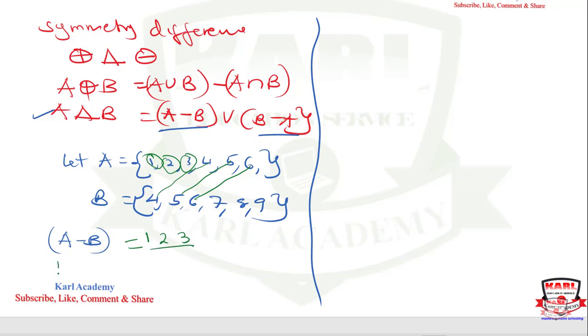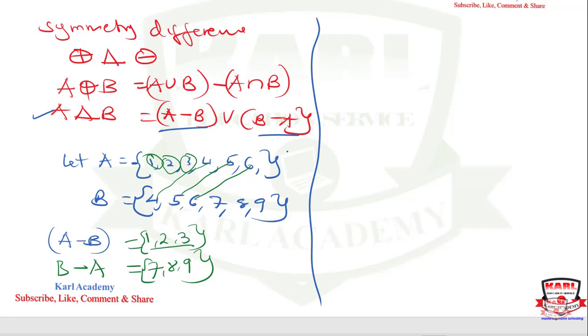Then let's look at the elements that are in B but not in A. 4 is in A, 5 is in A, 6 is in A, so we get 7, 8, 9. So A minus B is 1, 2, 3, and B minus A is 7, 8, 9.